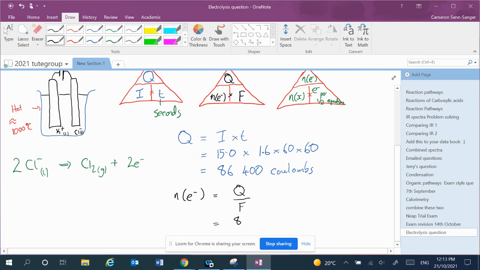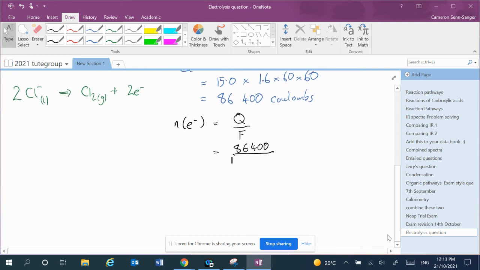So that's 86,400 divided by the value in the data book, 96,500, which gives us a marvellous decimal number, 0.895 and so on, which is still in the calculator. We can leave that there. That's how many moles of electrons were pumped through the circuit.